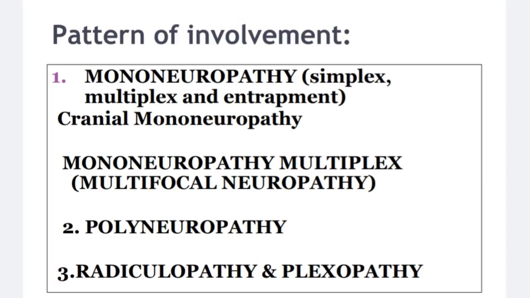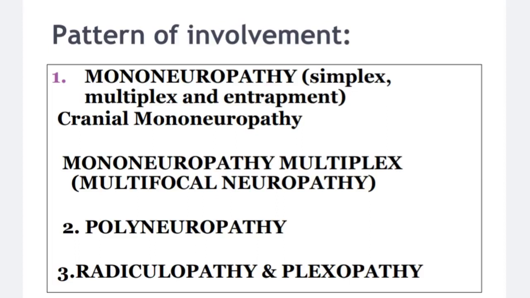This term signifies that there is involvement of various nerves in an asymmetric manner and at different times, so that the individual nerves involved can usually be identified until the disorder reaches an advanced stage.